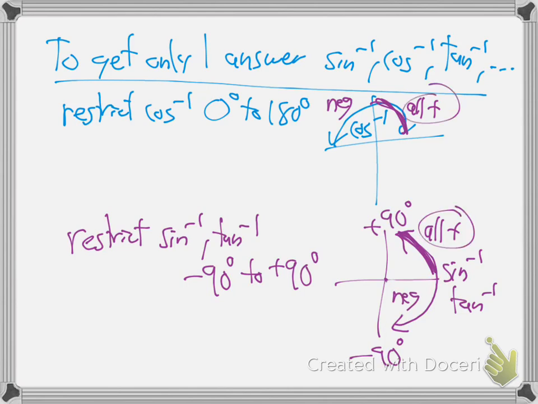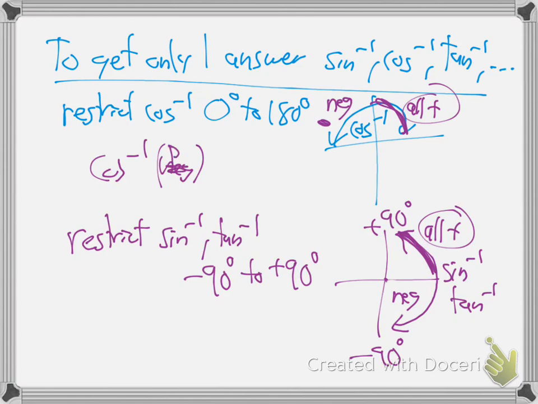Does that make sense? So basically, when you look at sine inverse, tangent inverse, cosine inverse, any of these, and you see a negative answer, then you know it's not the first quadrant. It's their other quadrant, which for sine inverse and tangent inverse is the fourth, and for cosine inverse is the second. See how you discern right away? So if I give you cosine inverse of some negative thing, you go, oh, second quadrant, because that's its negative quadrant.